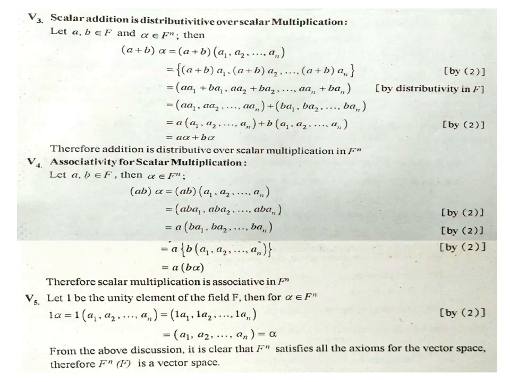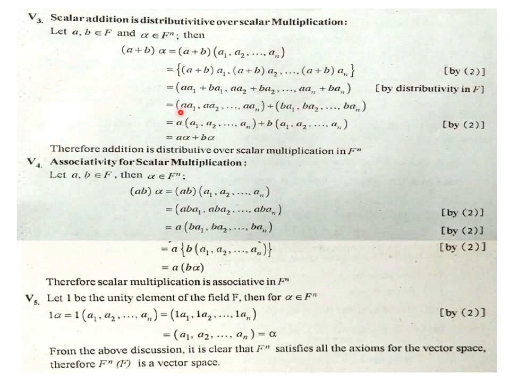Then we talk over V3, for which we take A, B belonging to F and alpha belonging to F^n, meaning alpha is (a1, a2, up to an). So (A plus B) into alpha means (A plus B) into (a1, a2, up to an). Simple operations are being performed there. Then A plus B is multiplied with a1, a2, up to an, giving (A a1 plus B a1, A a2 plus B a2, up to A an plus B an).